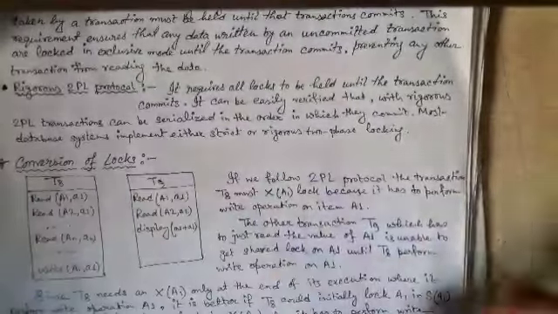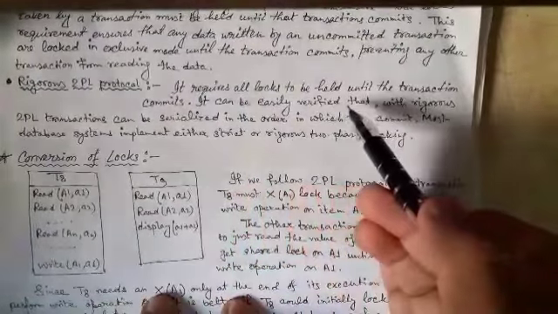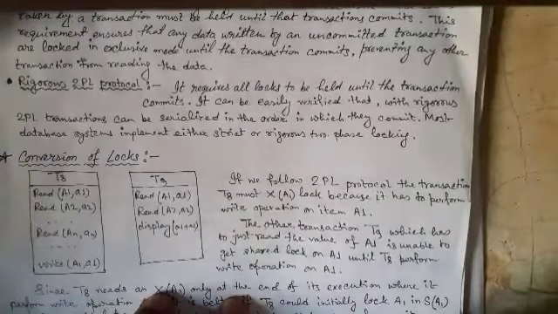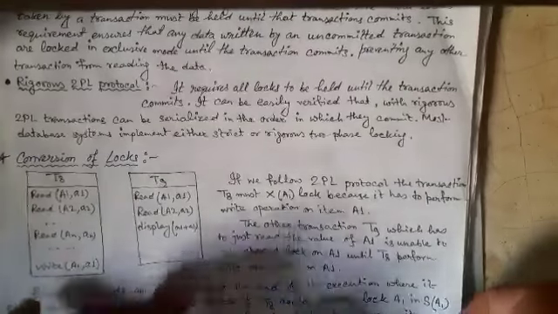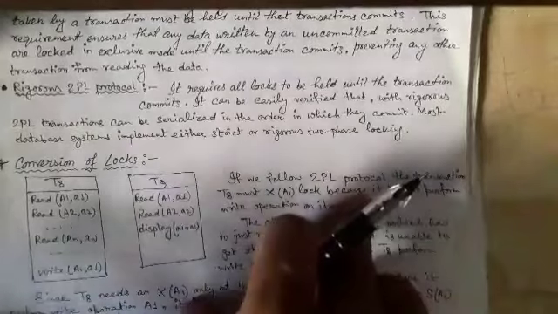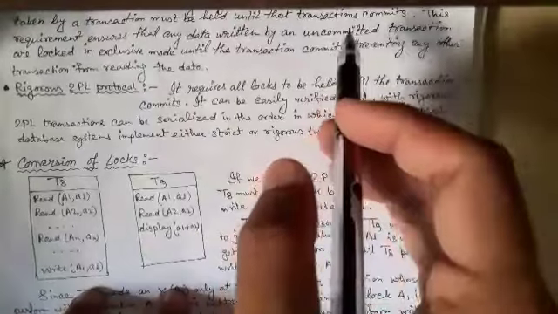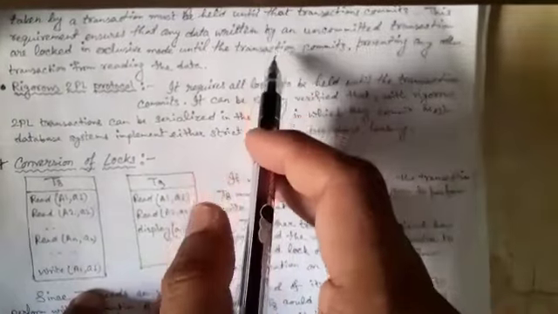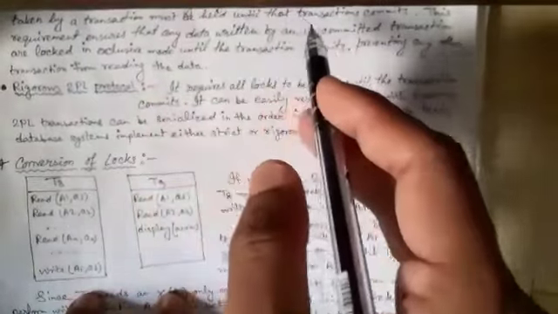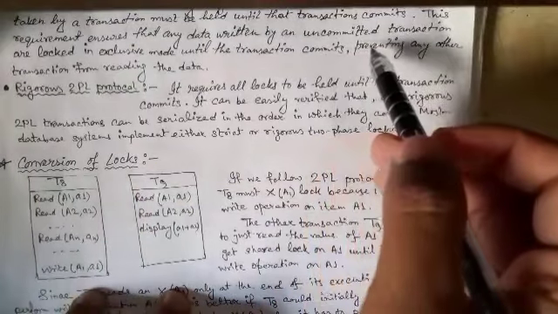Now the rigorous two-phase locking protocol requires all locks to be held until the transaction commits. Now, what is the difference between strict two-phase locking protocol and rigorous two-phase locking protocol? In strict two-phase locking protocol, we just consider that if any exclusive lock is issued by a transaction for a particular item, then that lock will be held until it is committed.